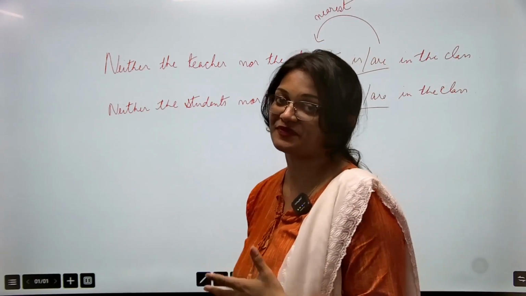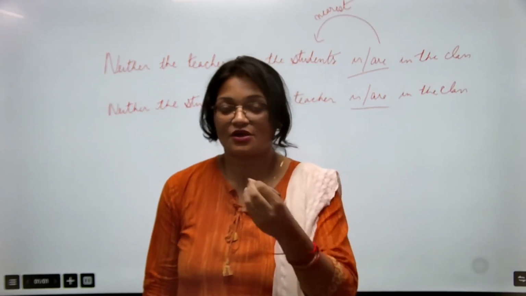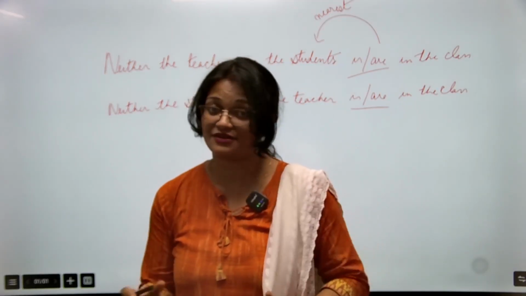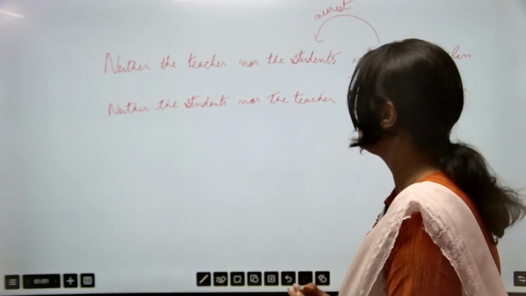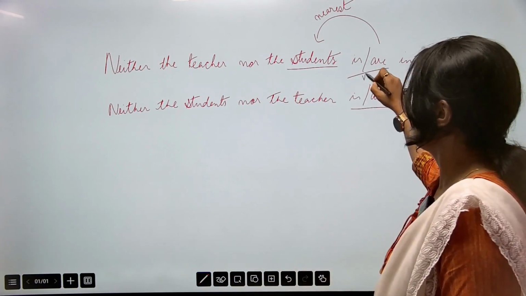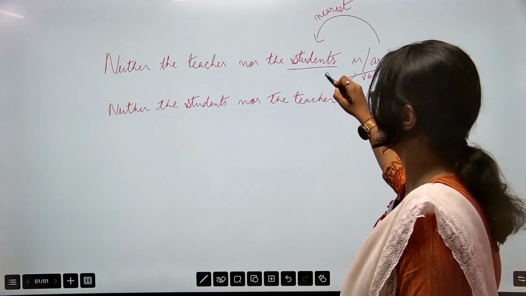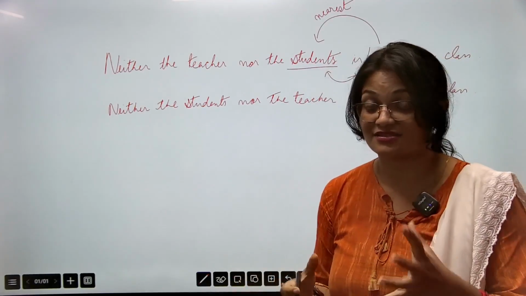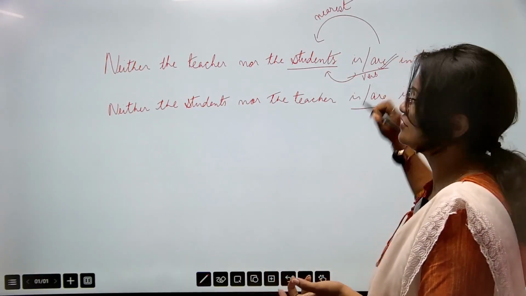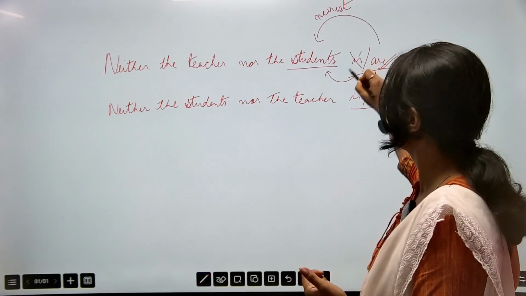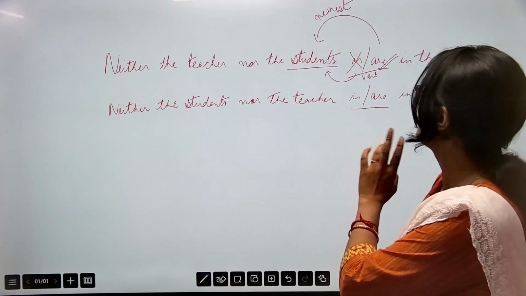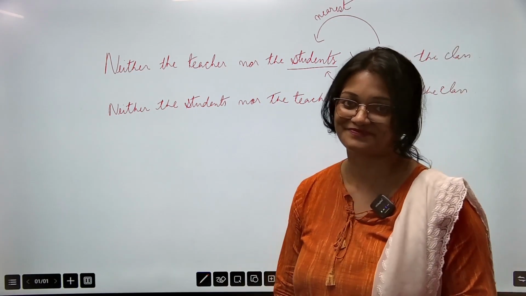Unlike the first rule, which focused on the first subject, this second rule with neither nor and either or, we have to focus on the nearest subject. Now, if this is the verb, the nearest subject here is students. So it's plural, right? That is why the plural verb will be the answer, not is. The answer will be neither the teacher nor the students are in the class.